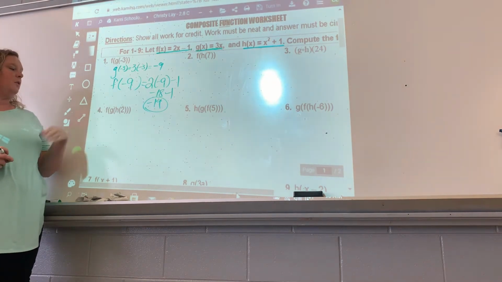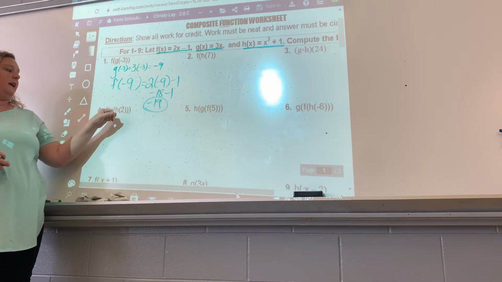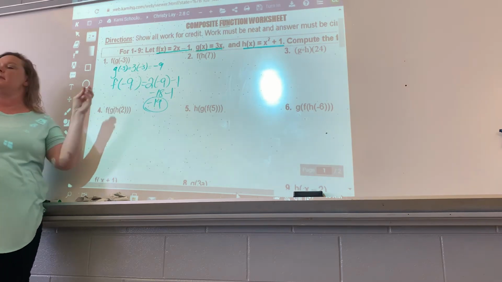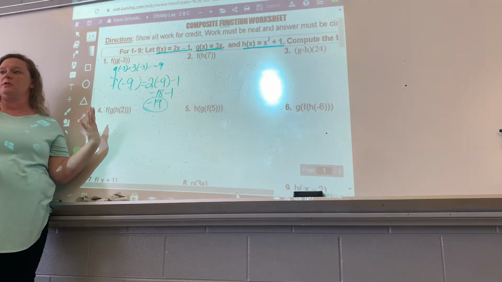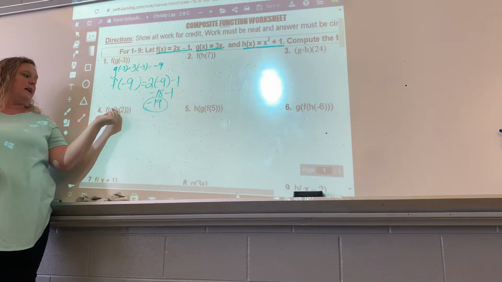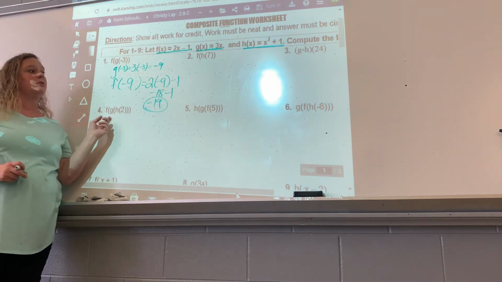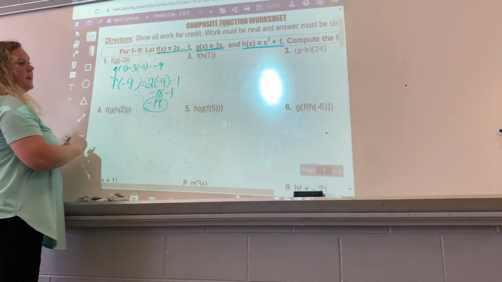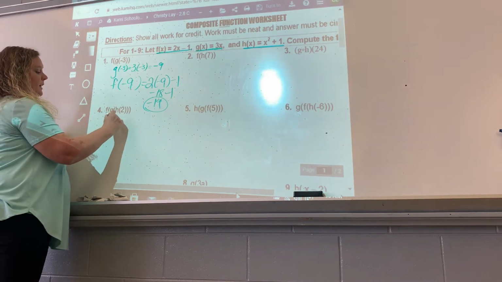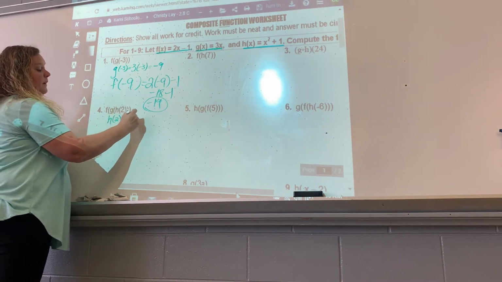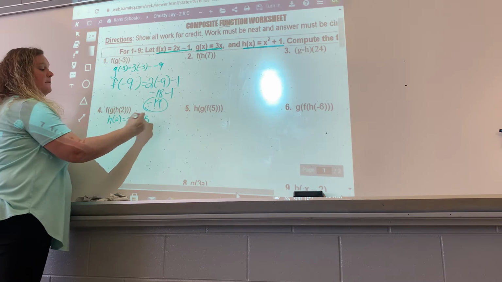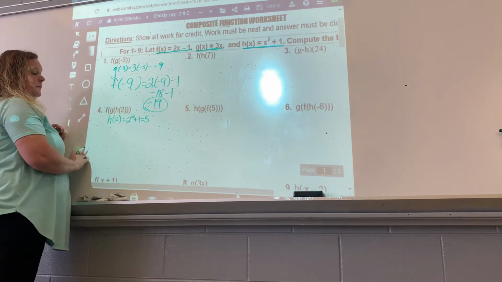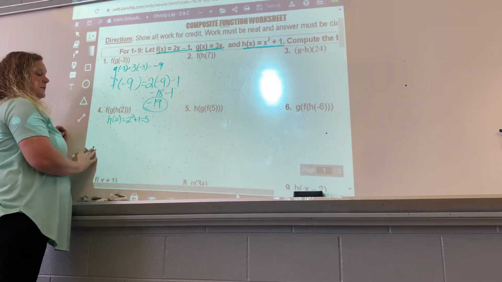Okay, for number 4, it says do f of g of h of 2. Work from the inside out. So take the h equation and plug in 2. H equation is x squared plus 1. So h of 2 would be 2 squared plus 1, which is 5. 2 squared is 4. 4 plus 1 is 5.